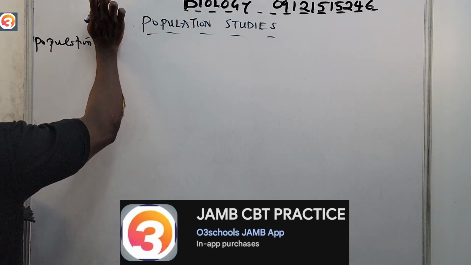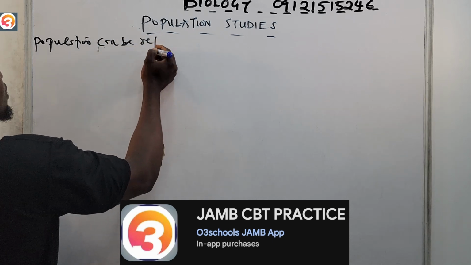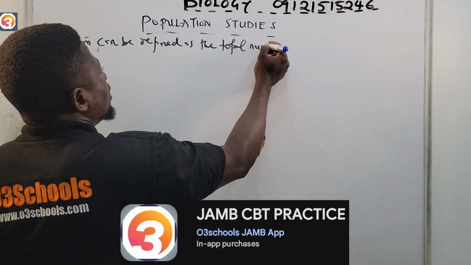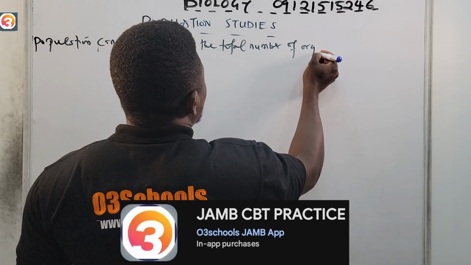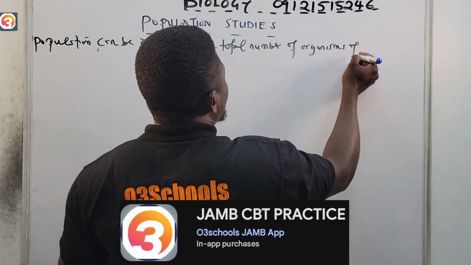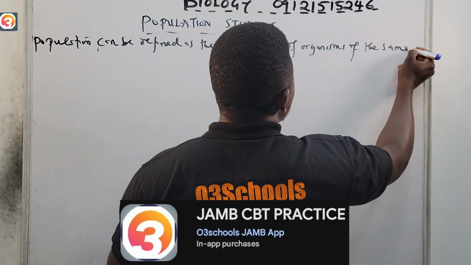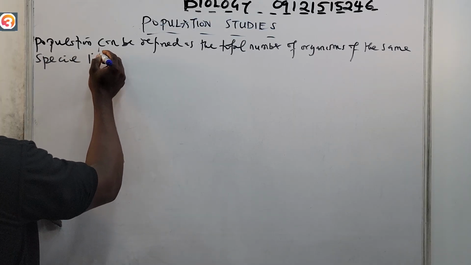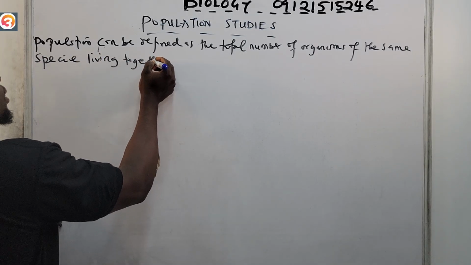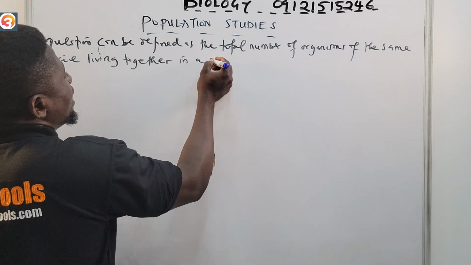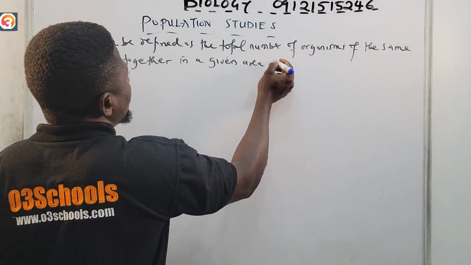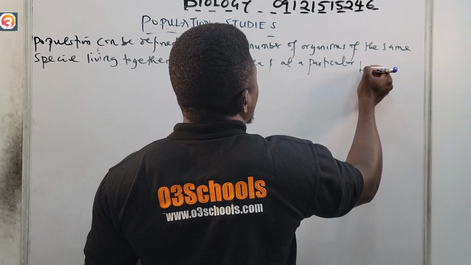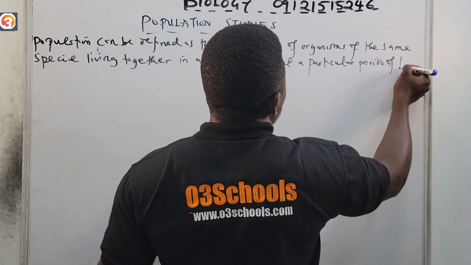Population can be defined as the total number of organisms of the same species living together in a given area and at a particular period of time.